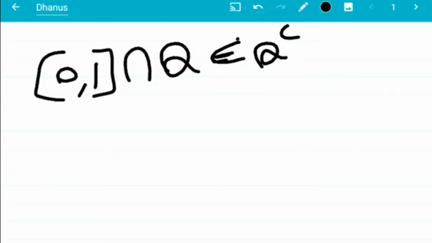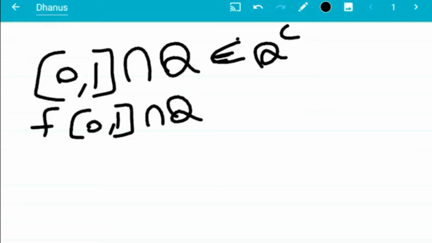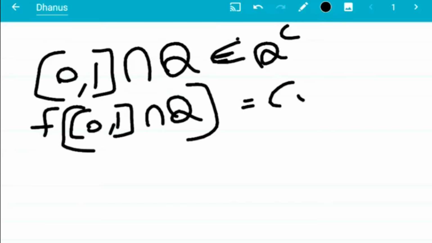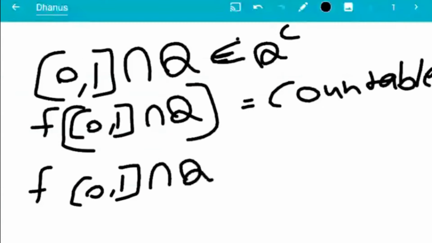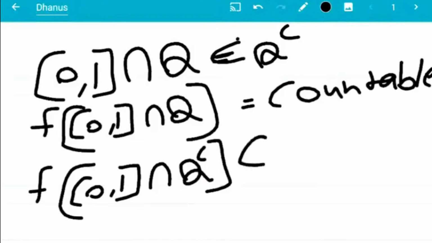Even so, Q intersection [0, 1] is a countable set, so the image will again be a countable set. Similarly, the image of [0, 1] intersection Q complement will be a subset of Q. Since Q is countable, its subset is also countable.